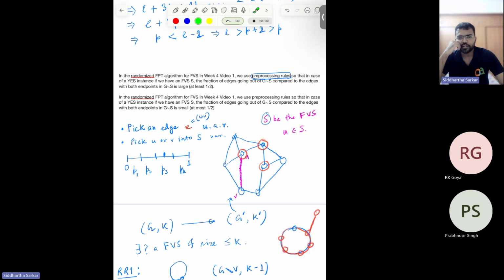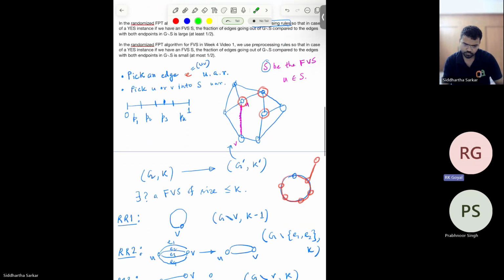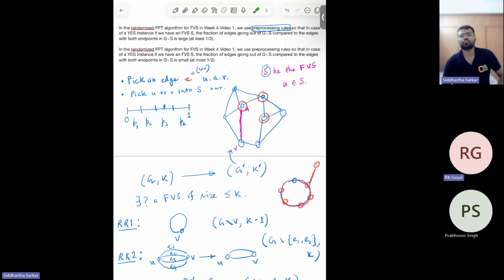So you're saying why we didn't go by the greedy principle. You're saying just do the pre-processing, that means get G dash from G by applying the reduction rules, and then apply the greedy principle. Yes, we have listed five rules here. We could have used them, and I don't know how randomization is fruitful here.